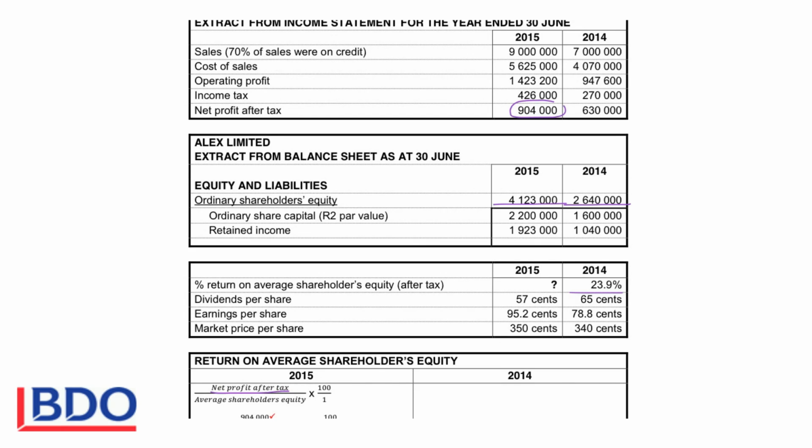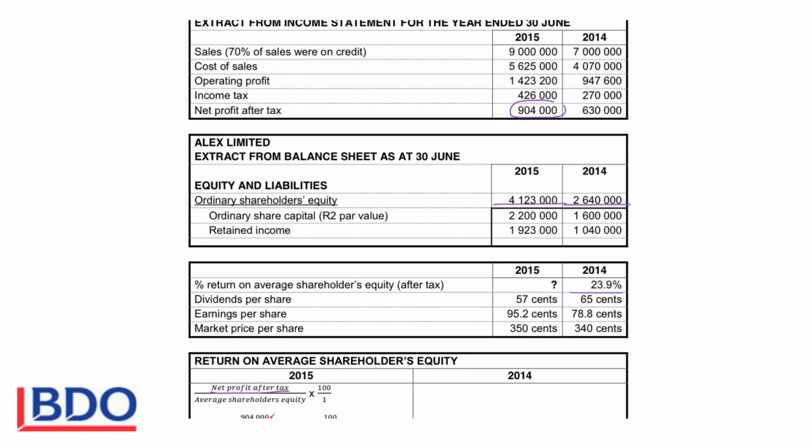That means that you have to take the total shareholders' equity, not only the capital that was provided by the shareholders, because the retained income is profit that actually belongs to the shareholders that was retained in the business to expand, and that's why they didn't pay it out to the shareholders.